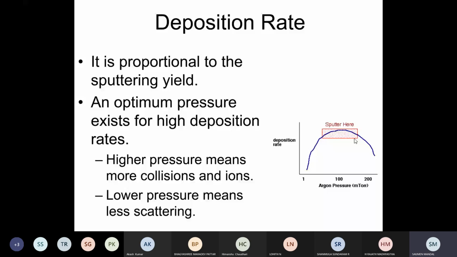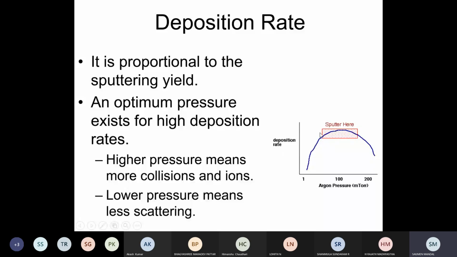But if you make the pressure high, there is more collision, and then whatever sputtered atoms are coming may also have some collision. These are the problems. So if you increase the pressure too much, sputtering will again decrease.